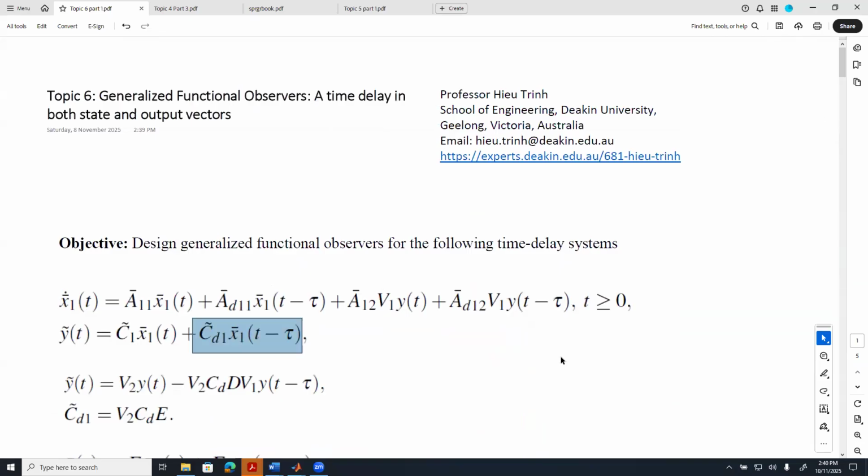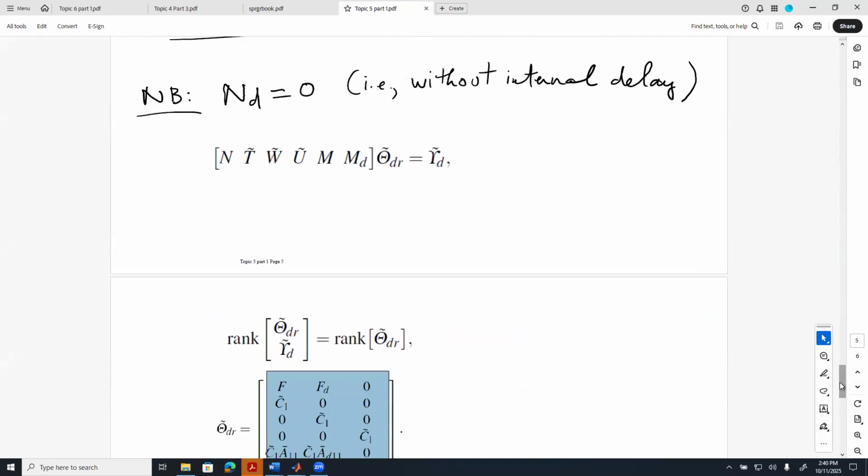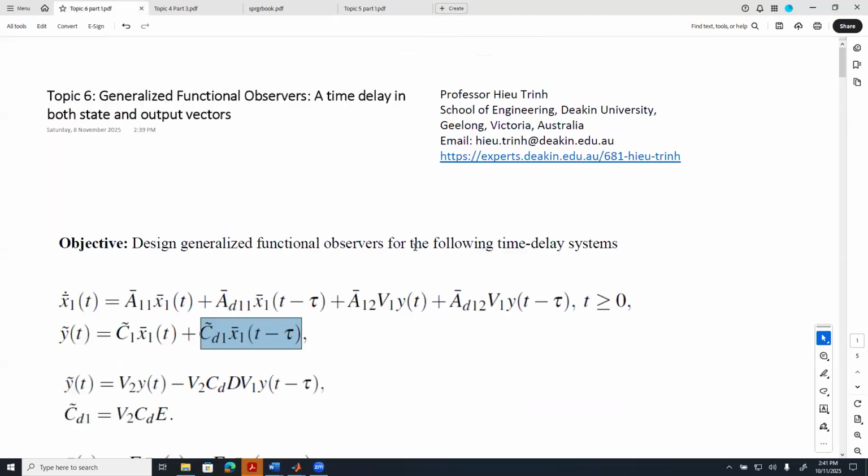So that tells us that if we have a time delay system with delay output measurements, in other words, the output measurement vector contains this delay stack vector, it is a much more difficult problem than the one that we considered here. That is the thing we pay attention to.